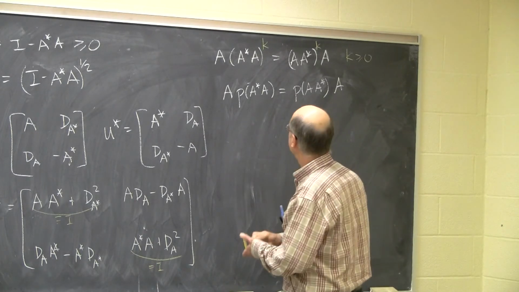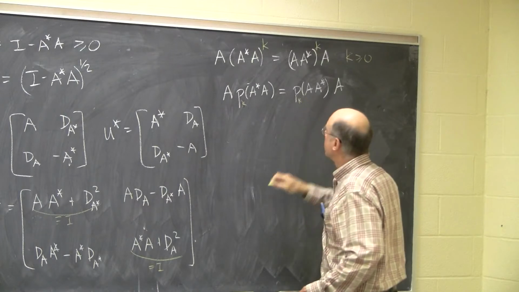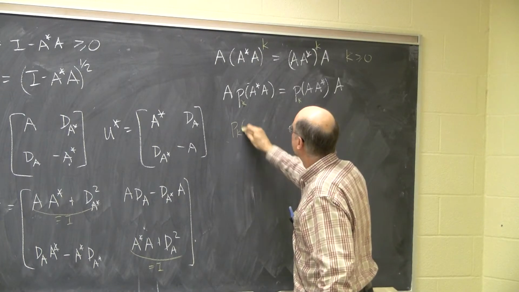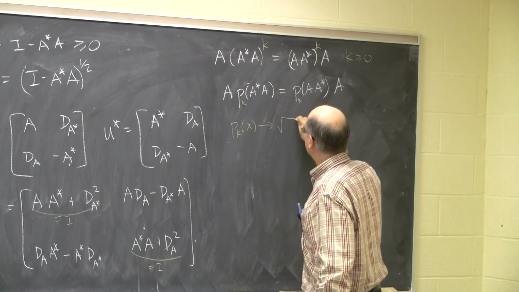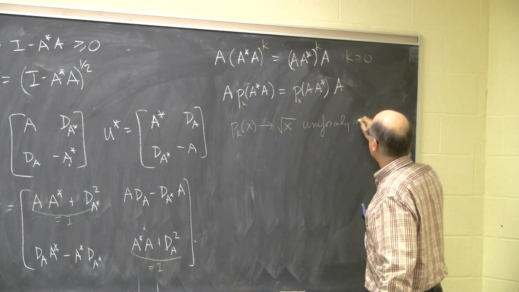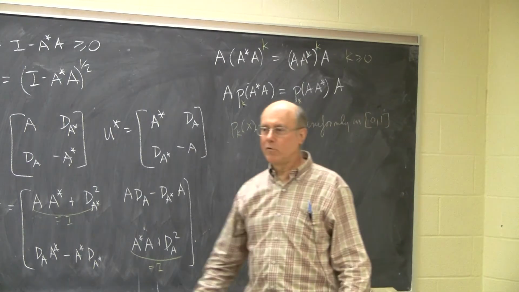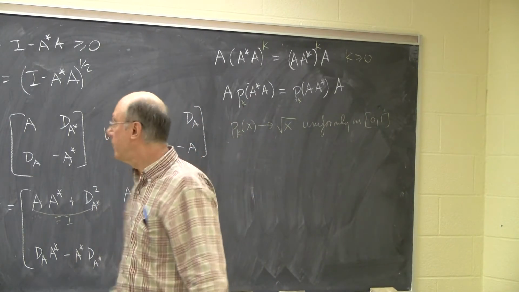So let's take a sequence p_k, and I want p_k of x to converge to the square root of x uniformly on [0, 1]. We know we can always do that, okay, by the Weierstrass theorem.